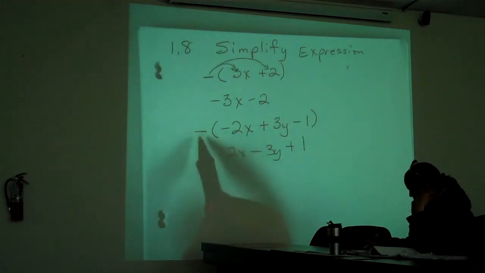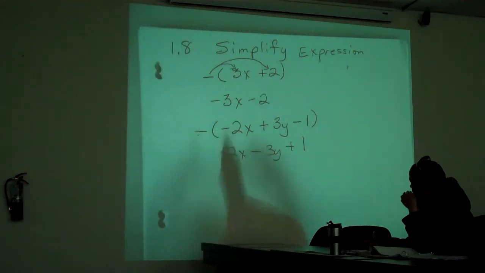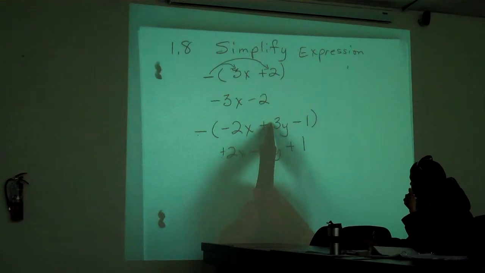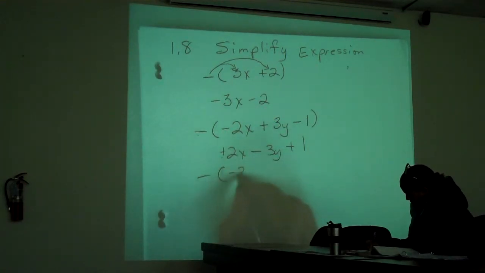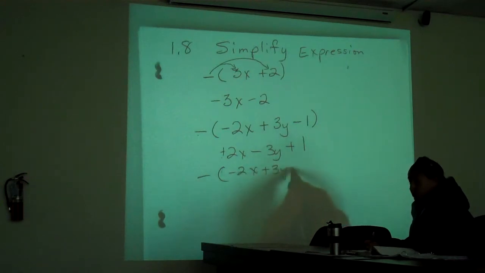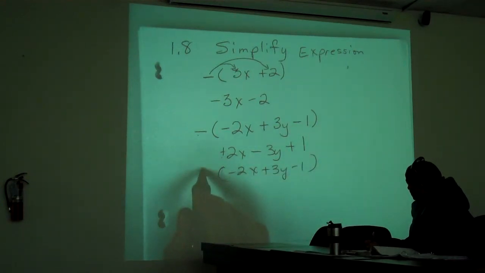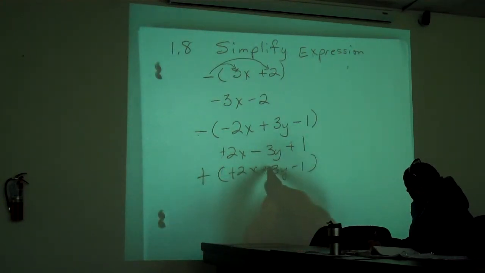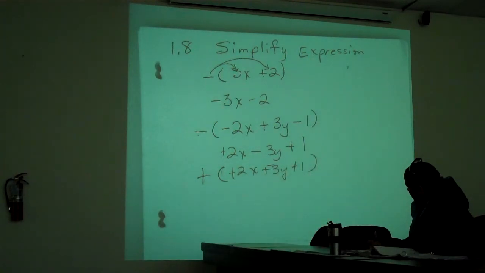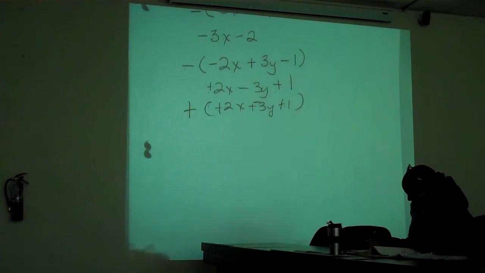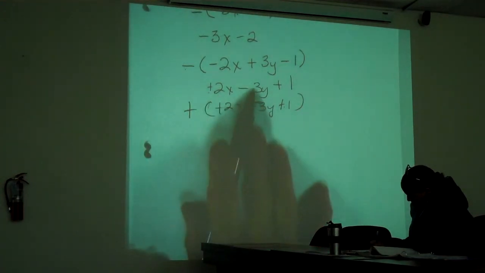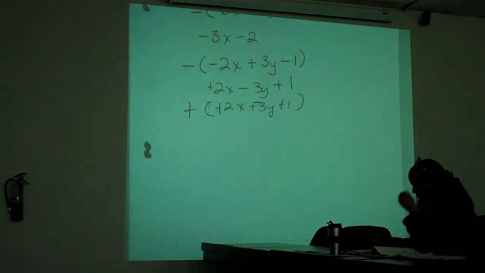It's easier than going minus negative is plus, minus, like that. If you could do it like this, let me show you. You could change it to plus, the opposite, opposite, opposite, like that. Make sure you change every sign. Okay? So that gives you your 2x minus 3y and plus 1.